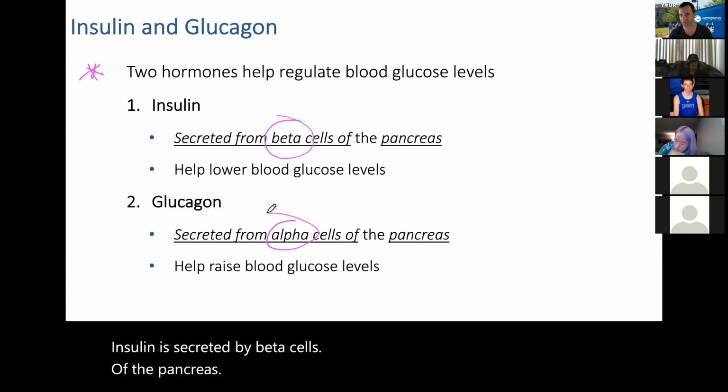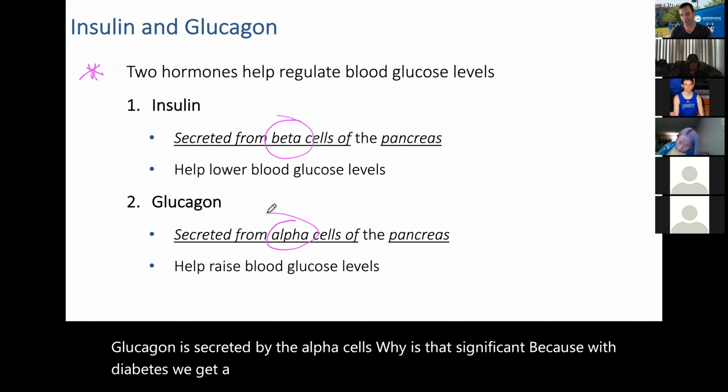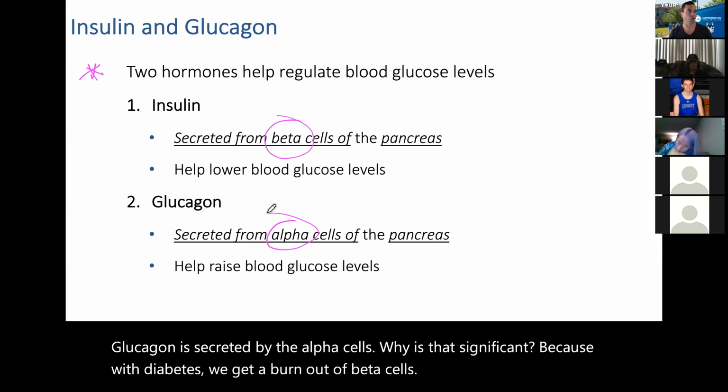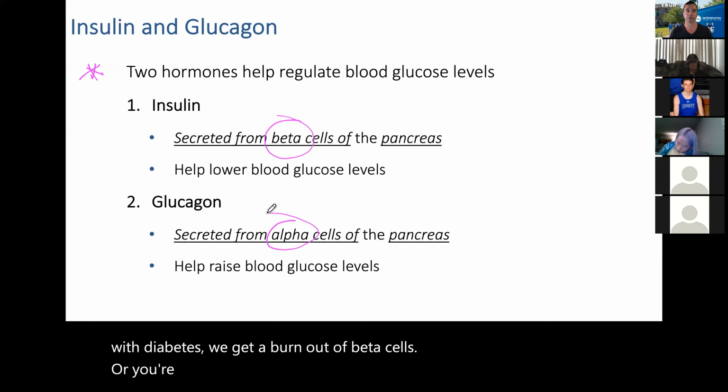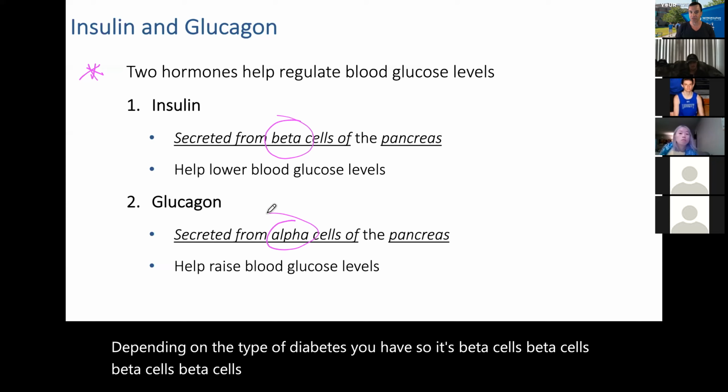Glucagon is secreted by the alpha cells. Why is that significant? Because with diabetes, we get a burnout of beta cells, or you're not born with the requisite amount of beta cells, depending on the type of diabetes you have. So it's beta cells, beta cells, right? Those are going to be the ones involved with this process.